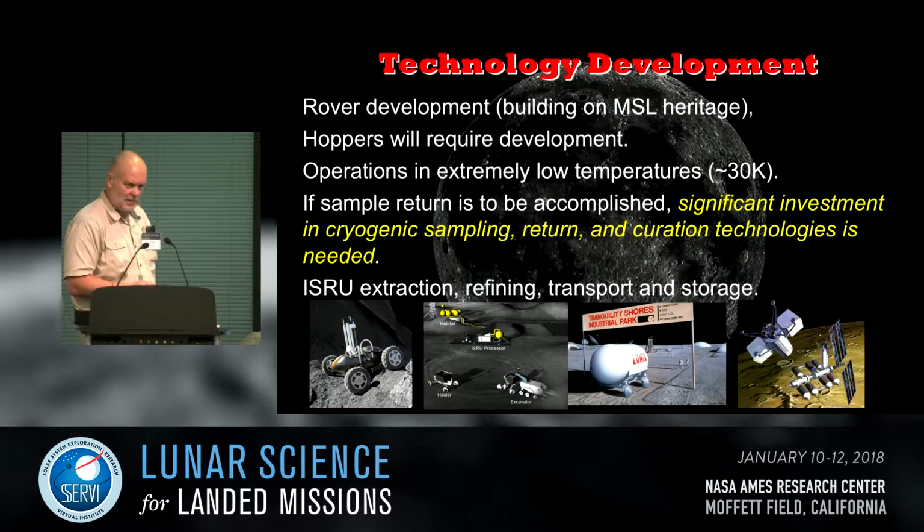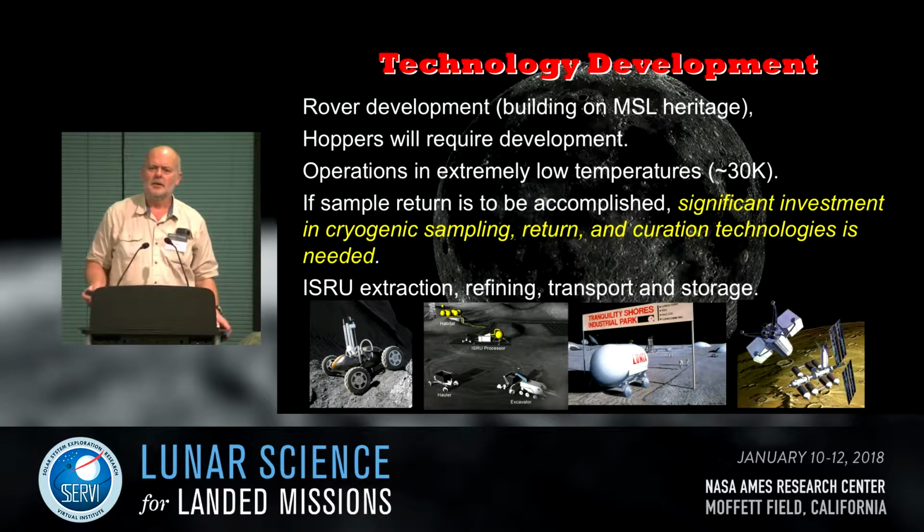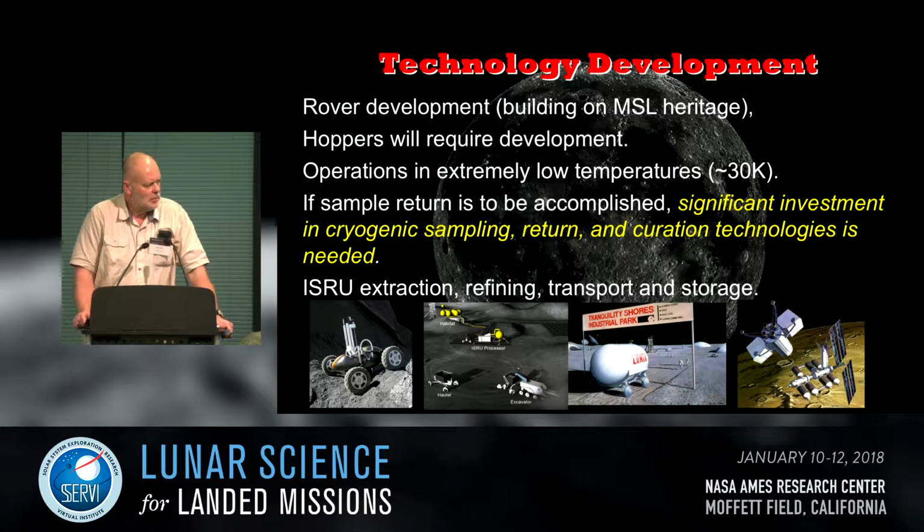And again, if we end up doing in situ and then going to sample return, we've got this cryogenic, and we can define cryogenic whichever way we want, but to preserve the stratigraphy, to preserve the integrity of the sample that you're actually getting is going to require some technology development, and that starts with sampling, transport back, curation. Preserving it for future generations then becomes a major challenge.